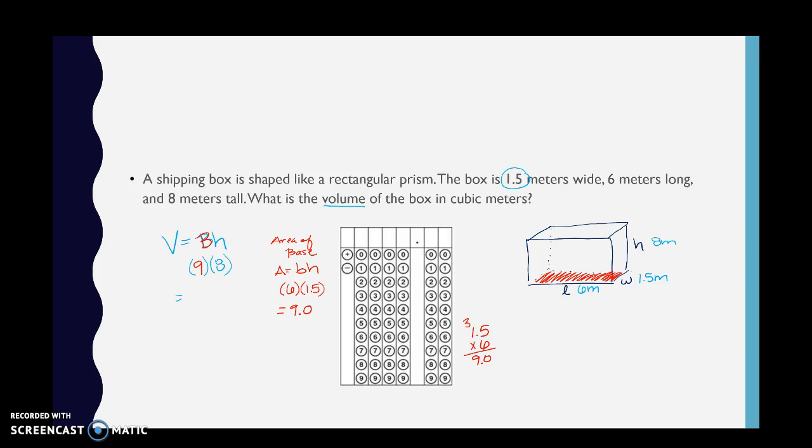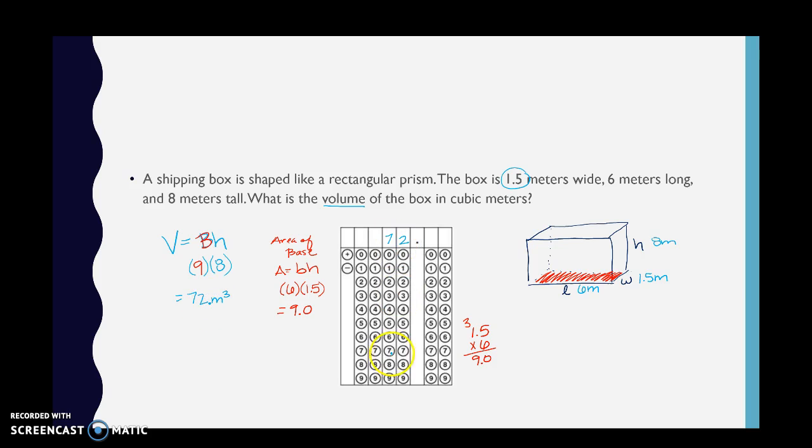72. Good. One thing you need to focus on is place value. If it does not have a decimal point, where should it go? The decimal point's to the right. So I'm going to put 72 meters cubed, and I'm going to put my 7 here and the 2 there, because if it doesn't show it, the decimal's right there.